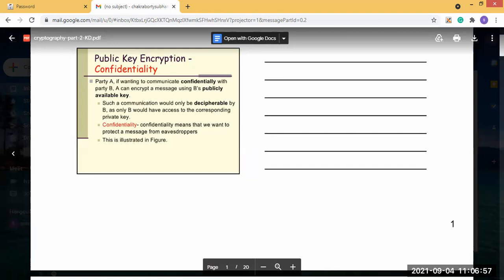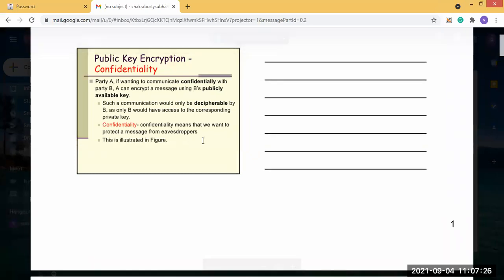Why encrypt the message with B's public key? Because if the message is encrypted with B's public key, it can only be decrypted using B's private key. That way A and B communicate confidentially and no one else can access the communication.